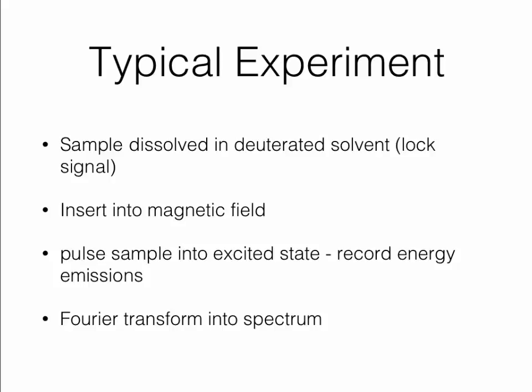You insert that sample in a deuterated solvent into a magnetic field, lock on that deuterium so it doesn't drift, and then you pulse that sample into its excited state and record the energy emissions. You do that for as many pulses as you need to accumulate a good signal, and then take a Fourier transform of those accumulated spectra, and that gives you the actual spectrum that you can interpret in the ones that we'll be looking at later.